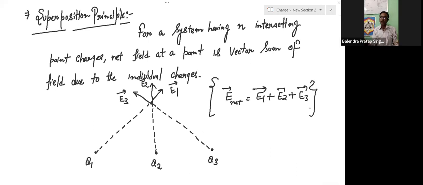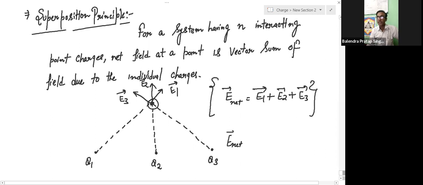If you want to find the electric field due to this system of charges at a particular point, you have to apply this superposition principle. You can apply it for n number of charges, and the net electric field is E1 plus E2 plus E3 up to En.